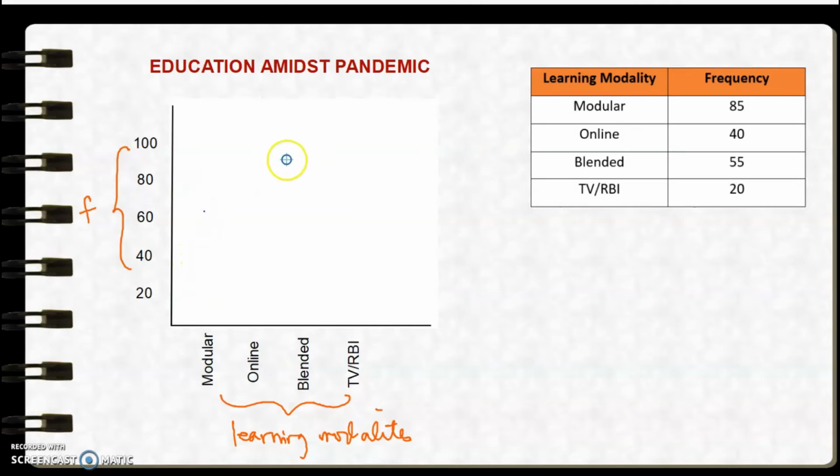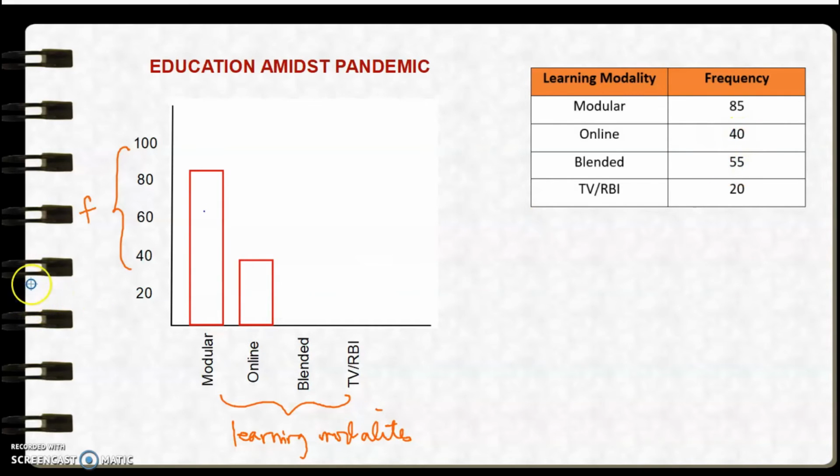So, 85. The middle of 80 and 100 is 90, so we don't reach the middle. We are closer to 80. So, there you have it. Next, online is 40, so the 40 fits exactly here.